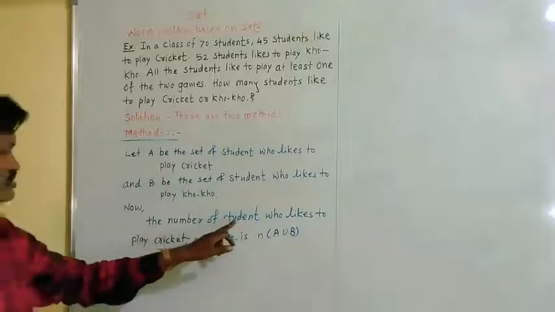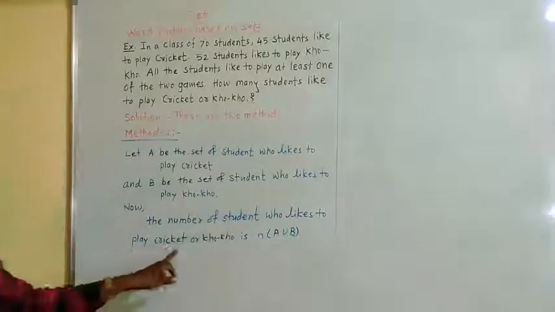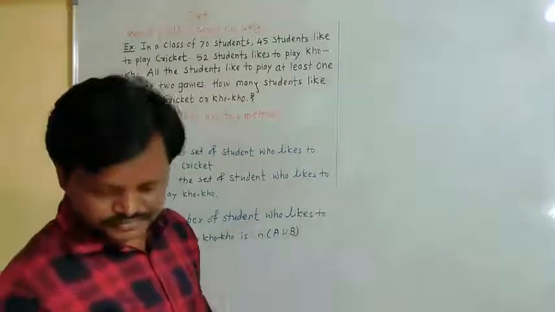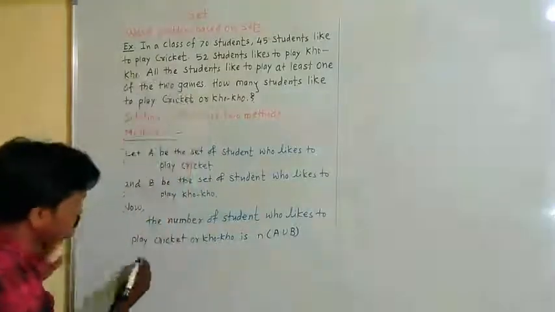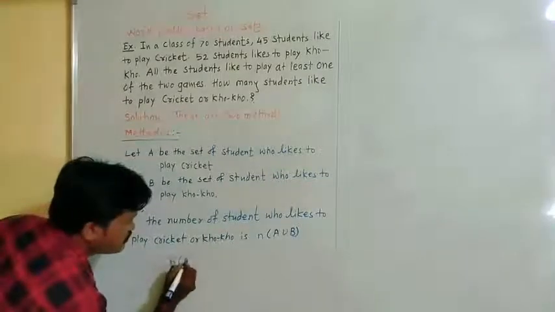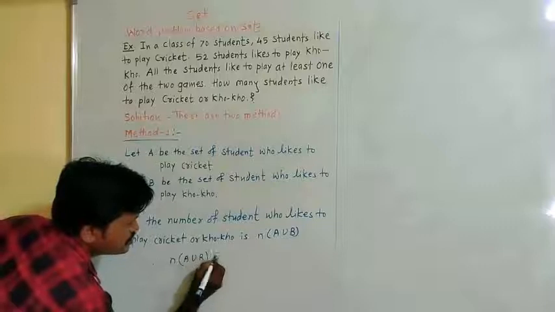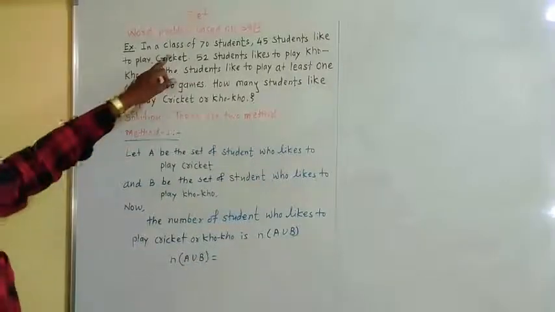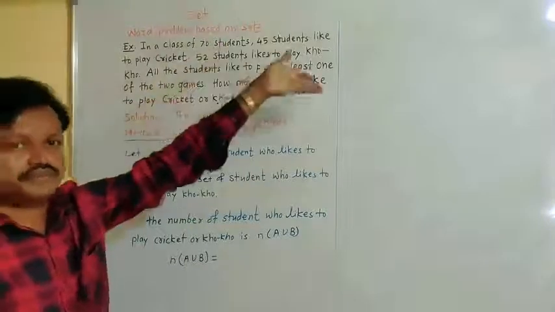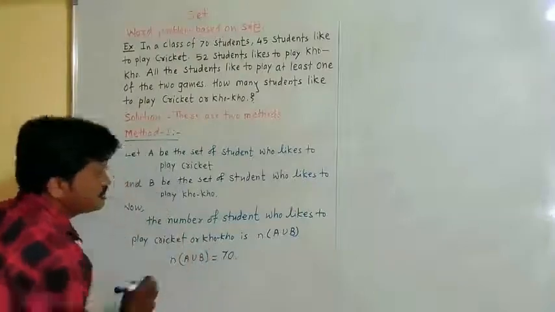The number of students who like to play cricket or Kho-Kho is n of A union B. Therefore, n of A union B is equal to how much? There are 70 students, and every student likes to play one of the games. So n of A union B is equal to 70.